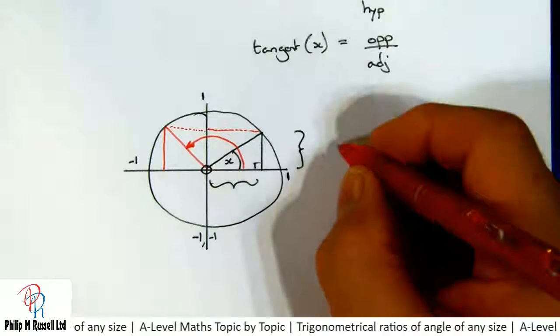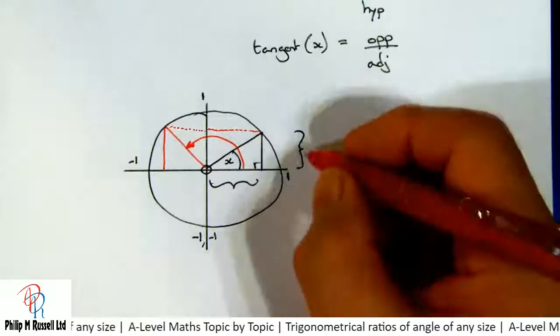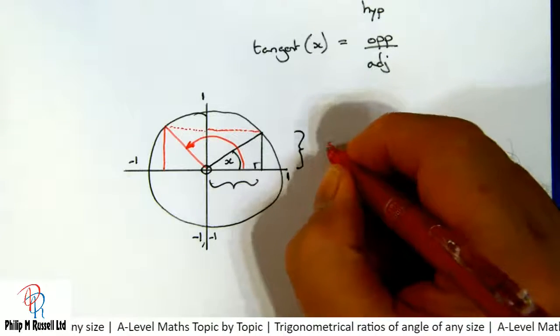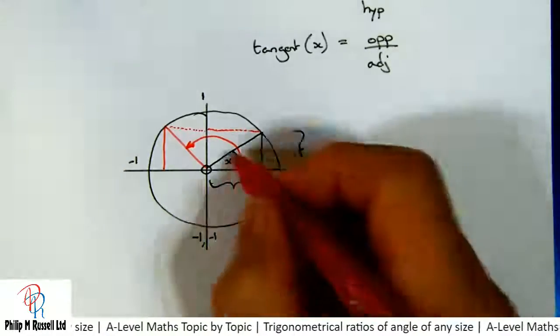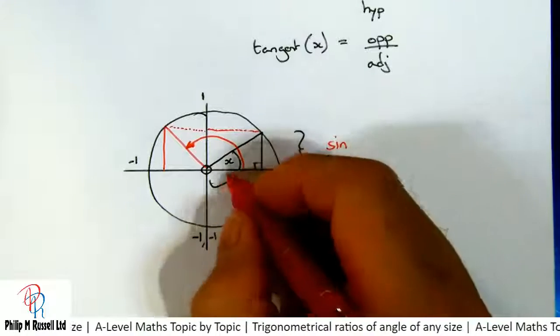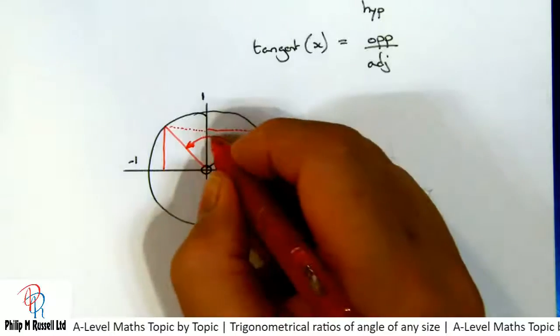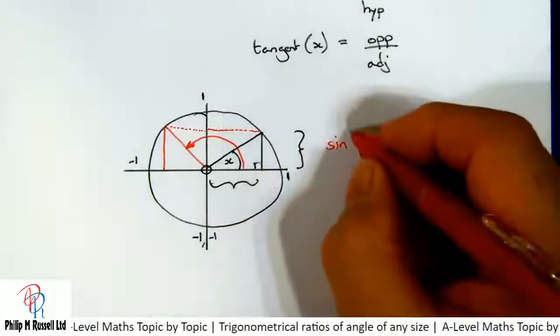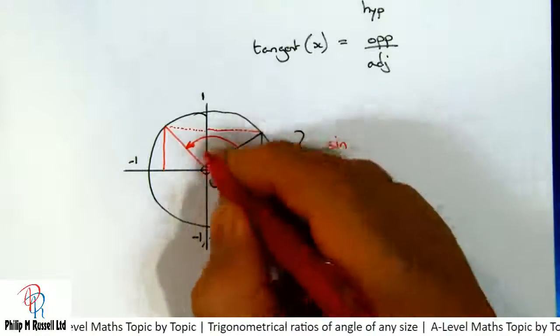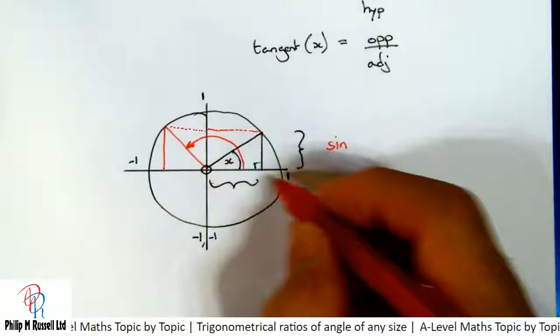So if we look at, for instance, the sine of something, then if my angle is from here up to 90 degrees, then we'd expect this to be okay, this is going to be positive.